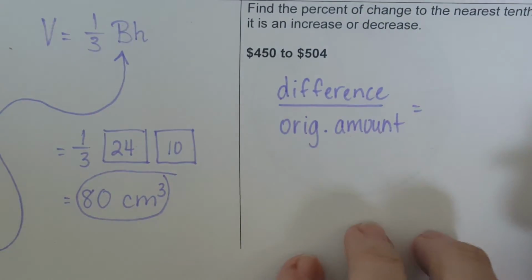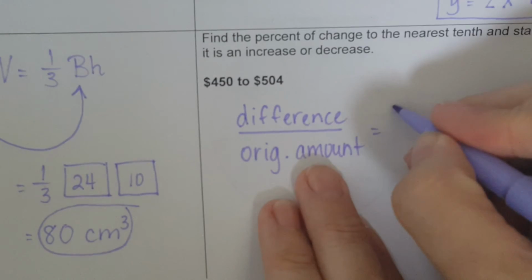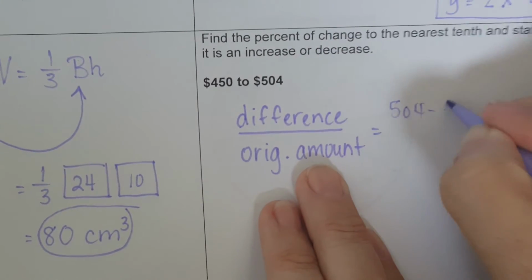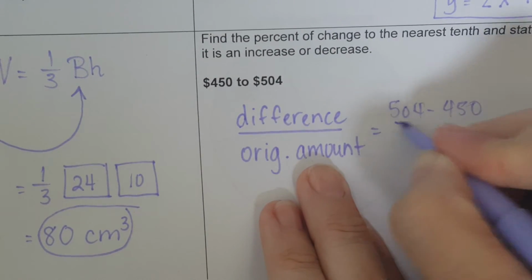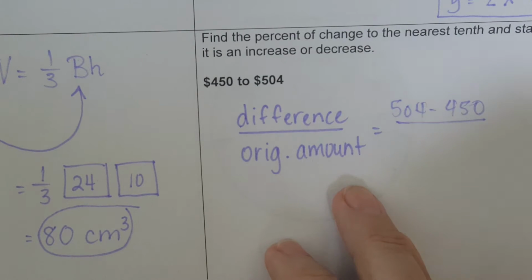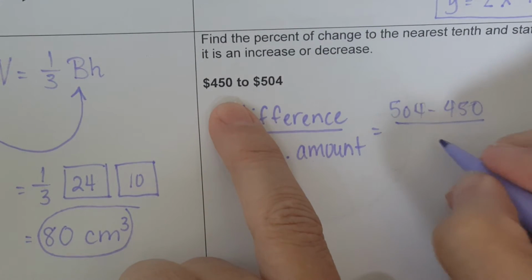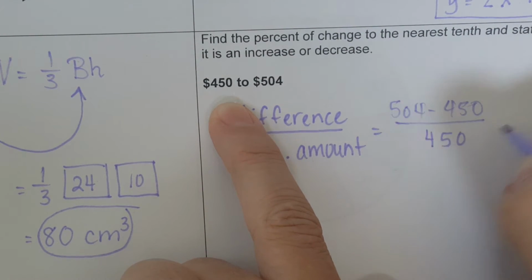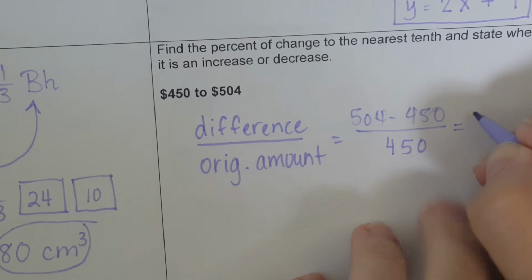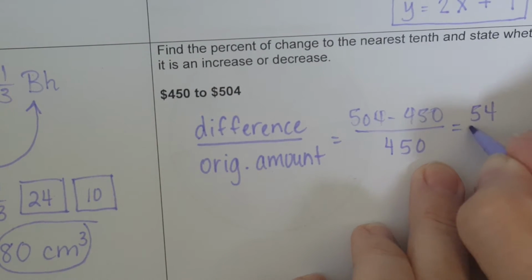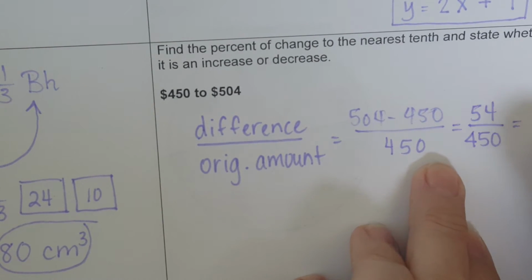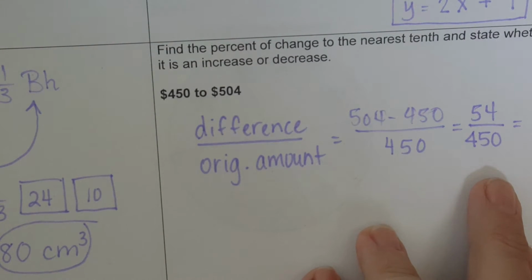The difference between 450 and 504. And the original amount is the first amount, which was 450. If we subtract that, we get 54, and we divide that by 450, it's going to give us a decimal answer.